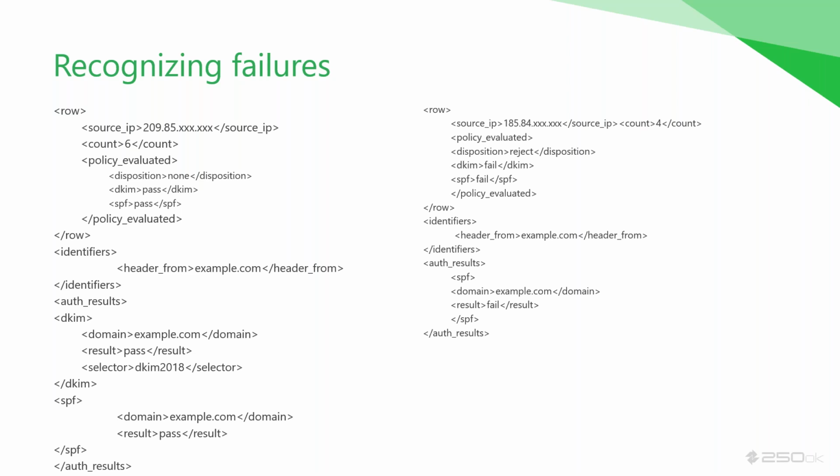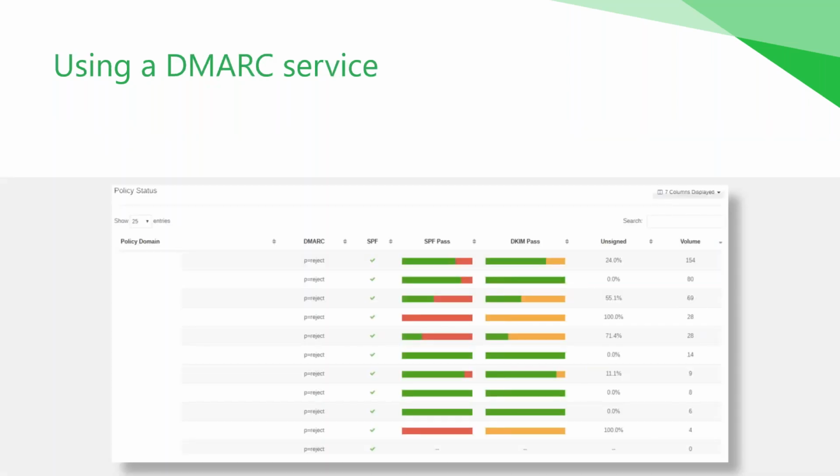Now, like I said, a lot of solutions will take this information, digest it, and turn it into something a little easier to read than rows of XML file. And along those lines, depending on the services you're using, you may start to see reports that look like this.